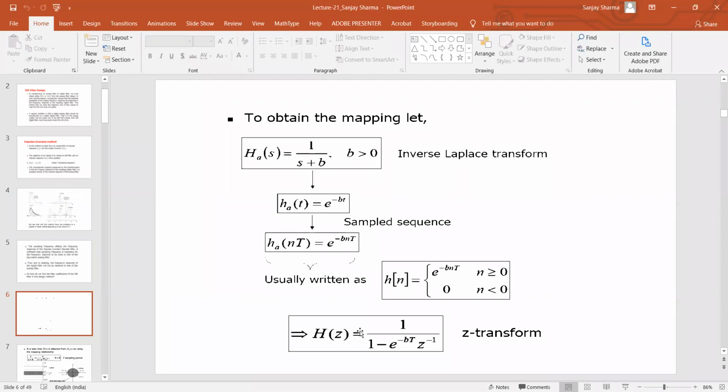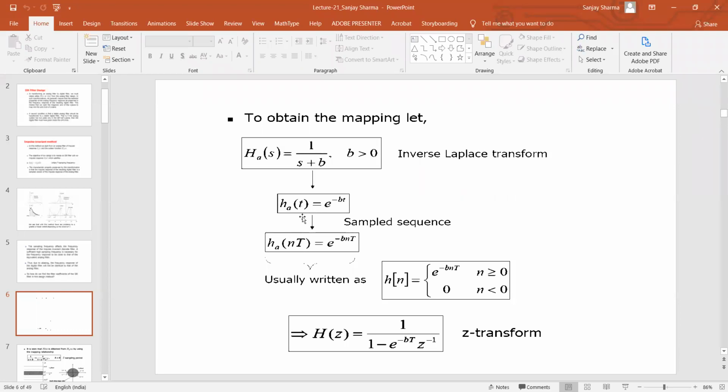This is the procedure to convert an analog filter to a digital filter using the impulse invariant method. For example, this is the system function given in the S domain. You take the inverse Laplace transform and you get the continuous impulse response in the time domain.